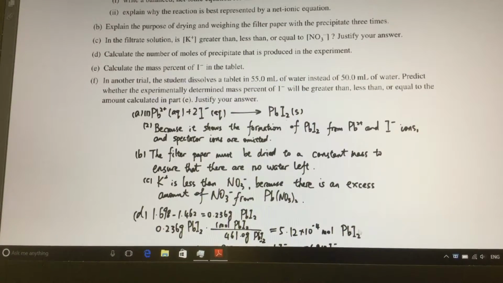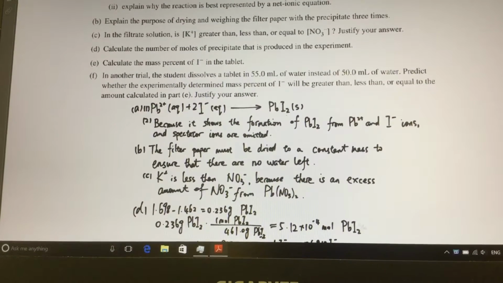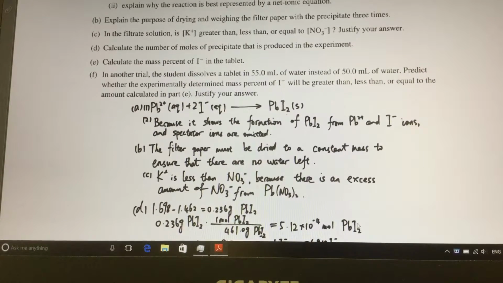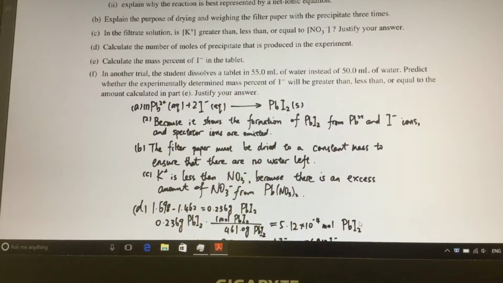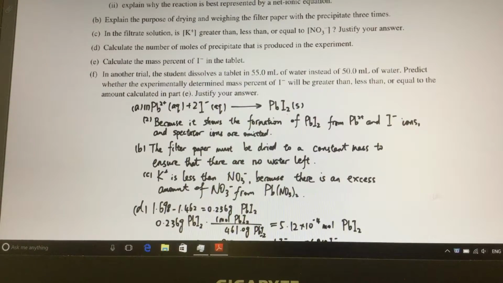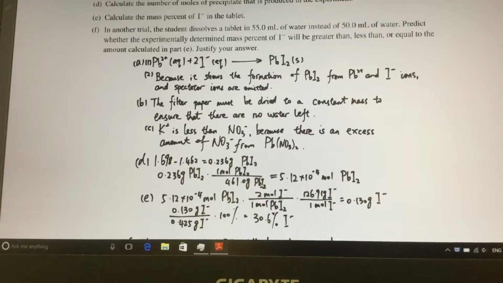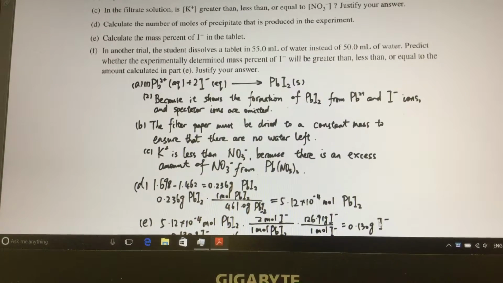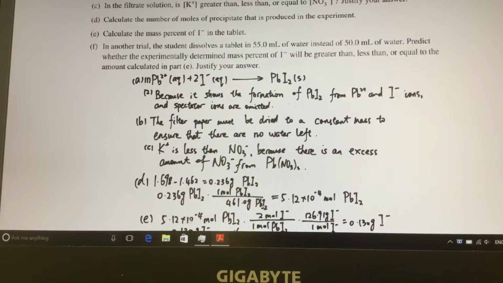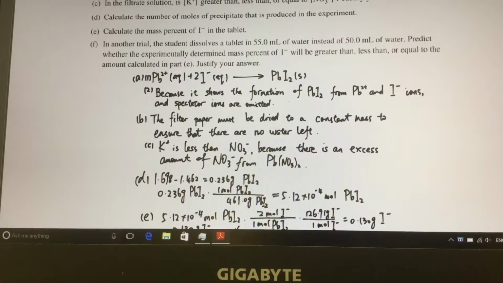We see that in PbI2, lead iodide, the ratio of moles of iodine to moles of lead is 2 to 1, so we can first figure out the amount of moles of iodine in this step, and then use the conversion factor to find the grams of iodine.